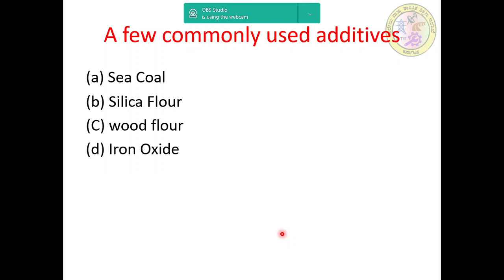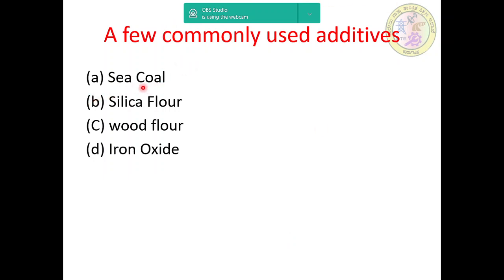Here are the few commonly used additives, and their properties are explained one by one: sea coal, silica flour, wood flour, and iron oxide. I will explain one by one.